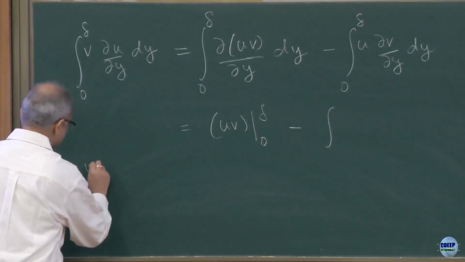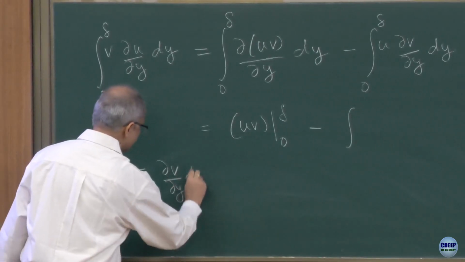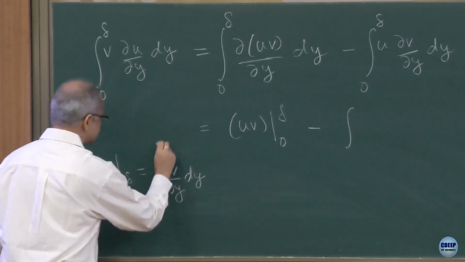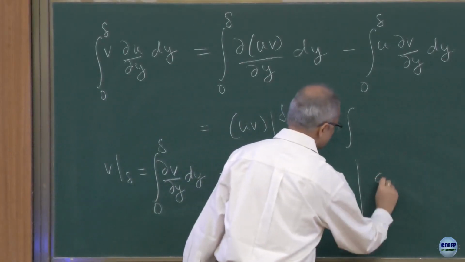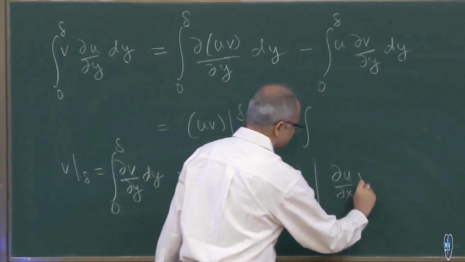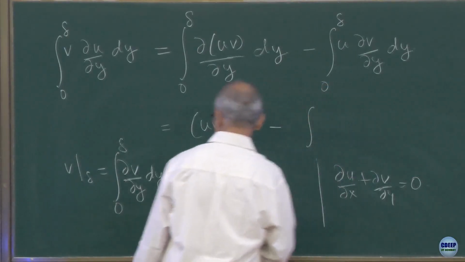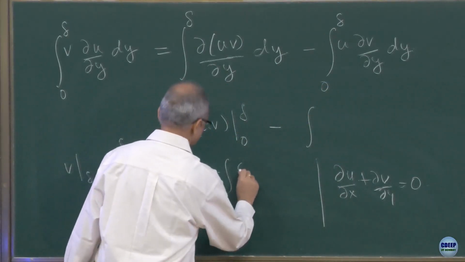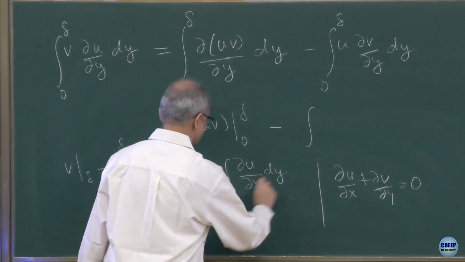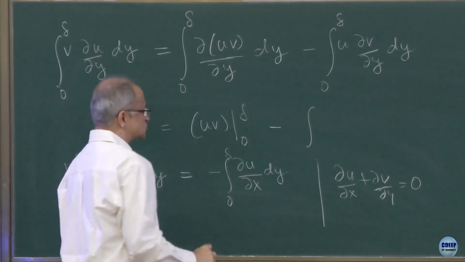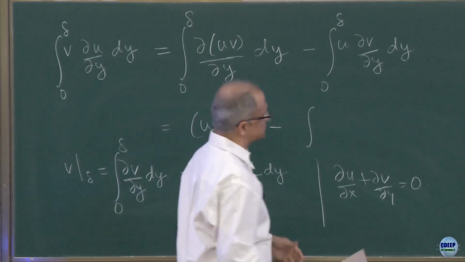So we said v at delta is equal to the integral of ∂v/∂y dy from 0 to delta, and we use the continuity equation ∂u/∂x plus ∂v/∂y equal to 0 to evaluate this term, which was essentially to replace this with this, 0 to delta and so on. So we did all these manipulations in the previous class.